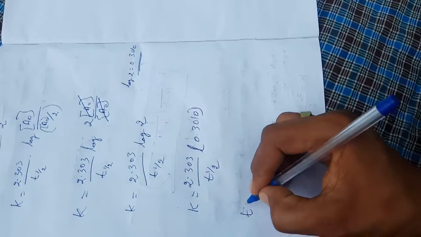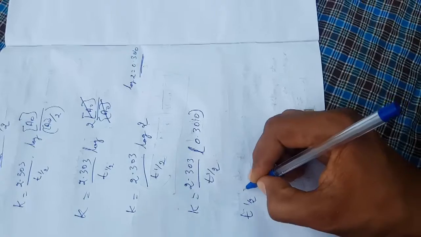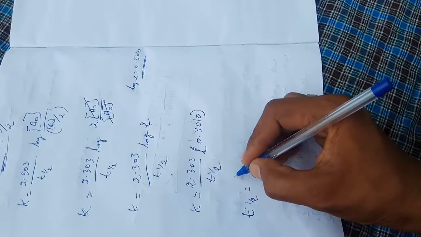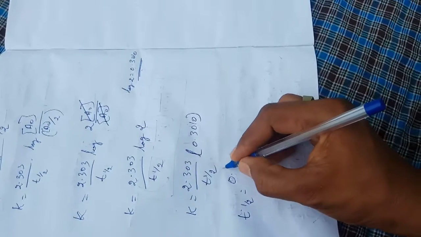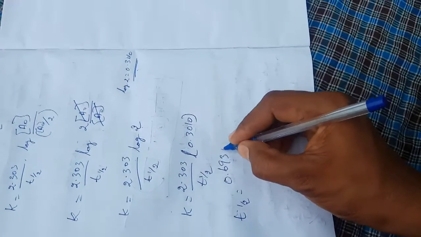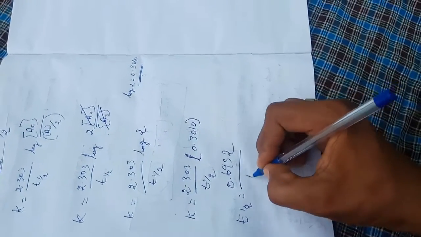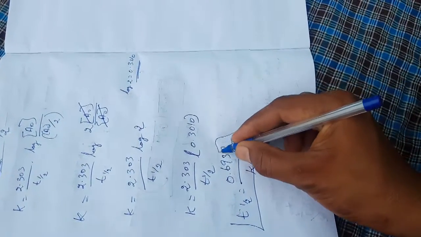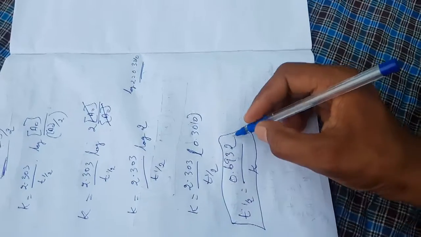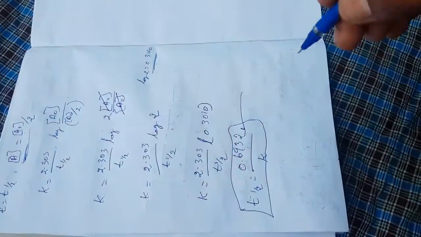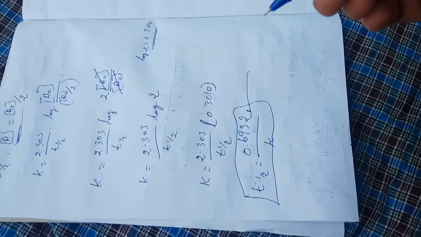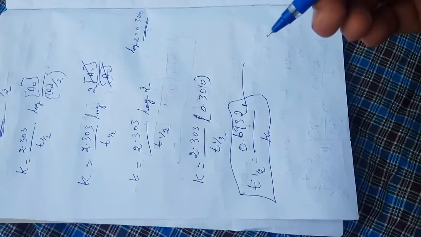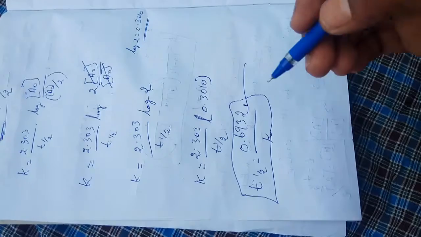We need the half-life period of time, so T 1/2 equal to 2.303 into 0.3010, that is 0.6932 divided by K. So this equation is the half-life period of time for first order reaction. The half-life period does not depend on the initial concentration of the reactant.